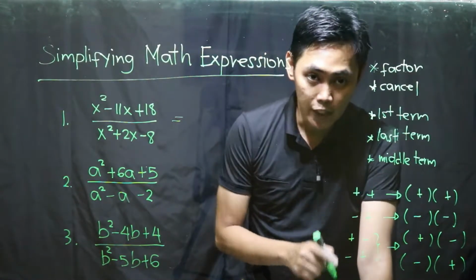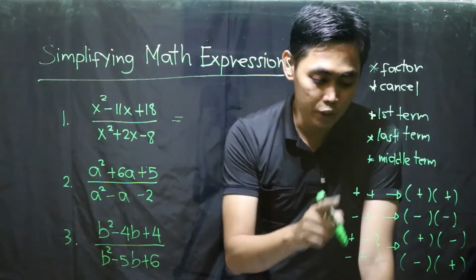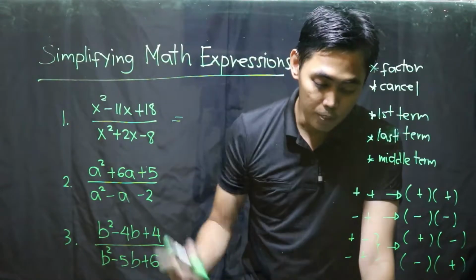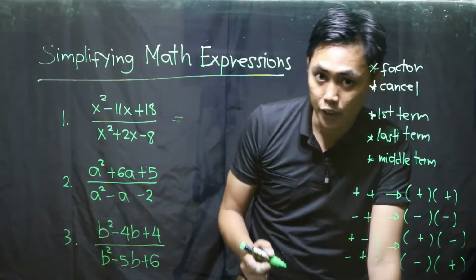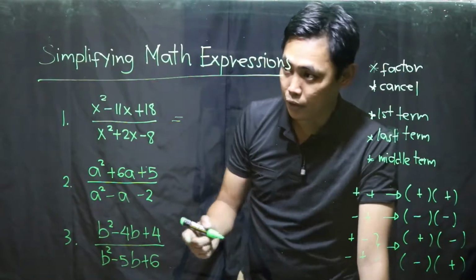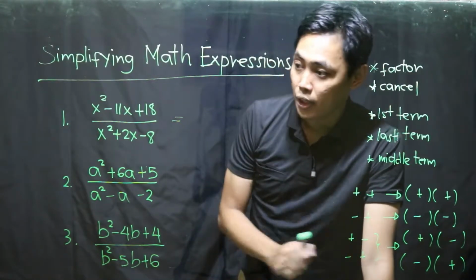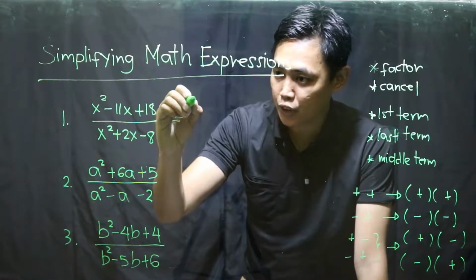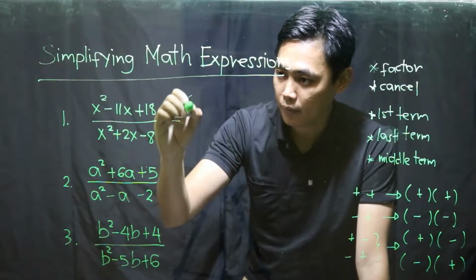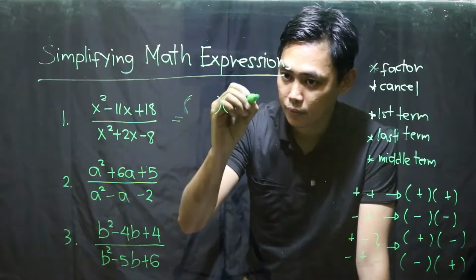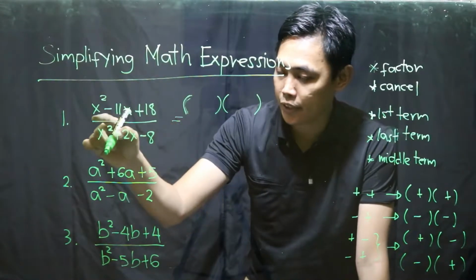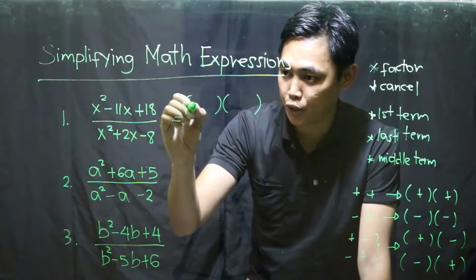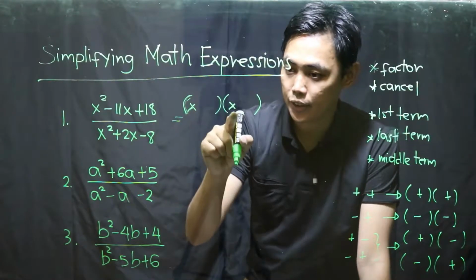So again, if you are not familiar with this, go back to the last video that I made in order for you to understand trinomials. So we'll go ahead and solve this. First term, we actually have x squared as our first term, so this is x and x.